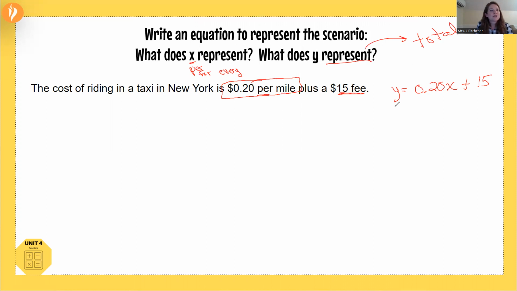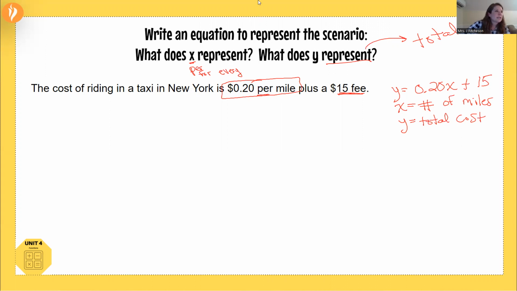This situation tells us that x represents the number of miles. We know the price per mile. What we don't know is how many miles the person rode, and how much they were charged. And y represents the total cost for the taxi. Since we're talking about money, it's total cost.